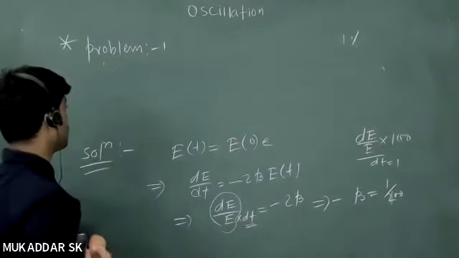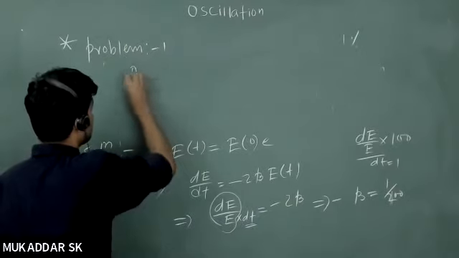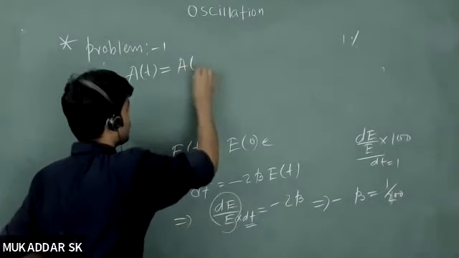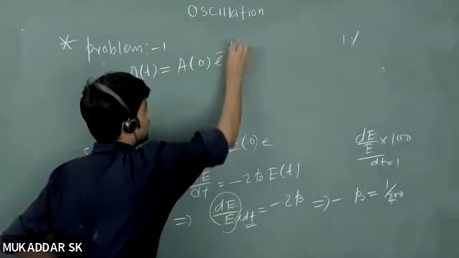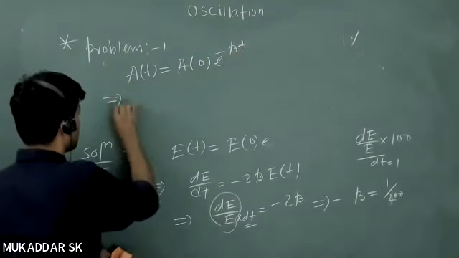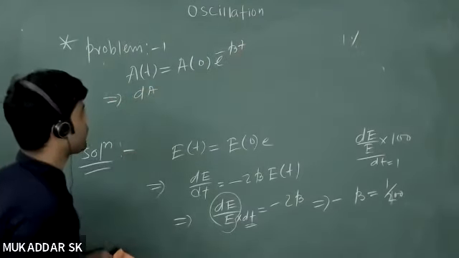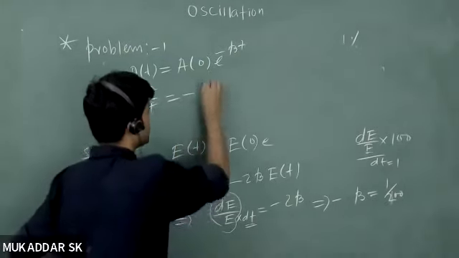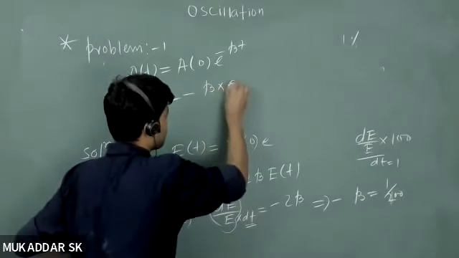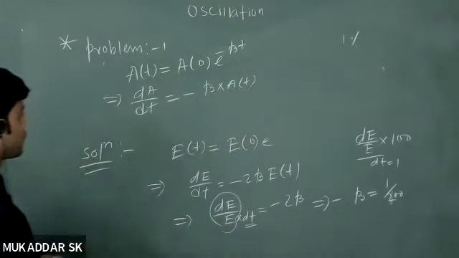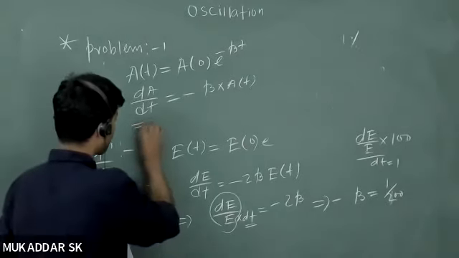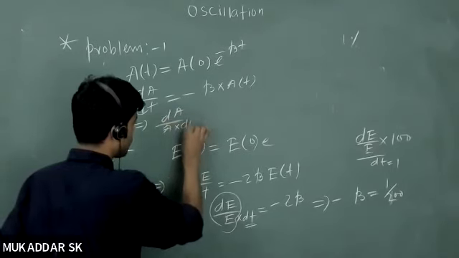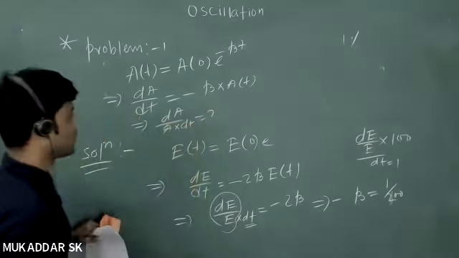So in this scenario, we know the amplitude of oscillation depends upon time as A naught exponential minus beta t. If you differentiate this with respect to time, dA by dt becomes minus beta into A of t. What they ask is dA by A into dt, in percentage.